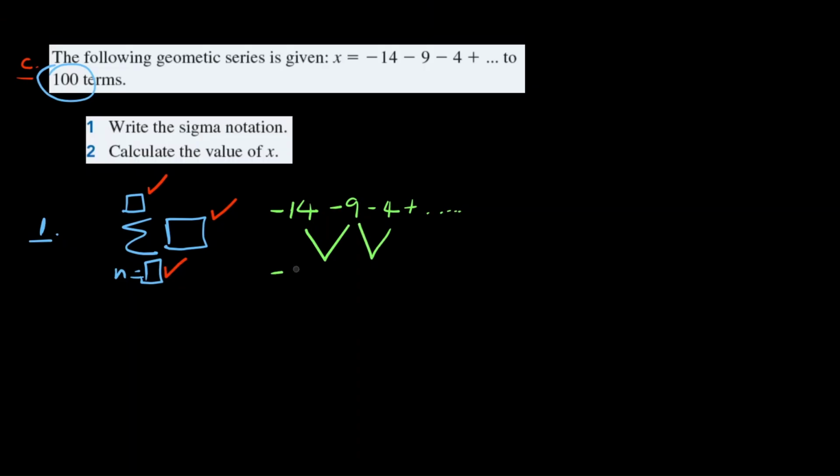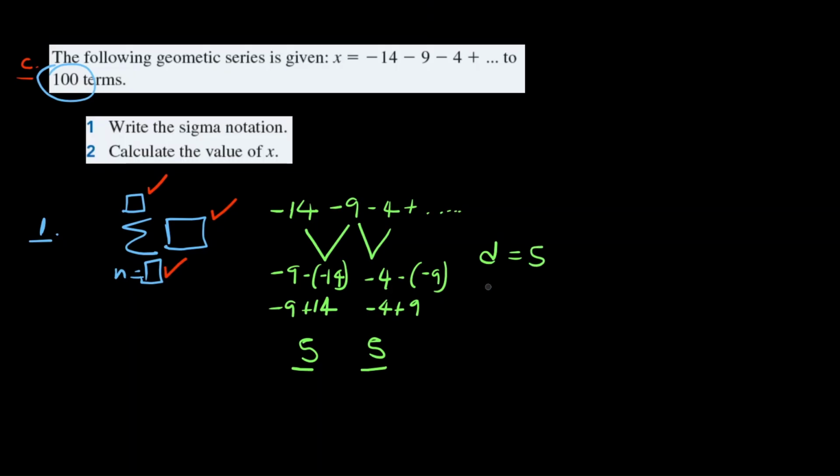We can test that by saying negative 9 minus negative 14, which gives negative 9 plus 14, which is positive 5. And then we continue: negative 4 minus negative 9 gives negative 4 plus 9, which is 5. So we can see that we have a constant difference. Therefore, our d value will be 5 and our a value will be negative 14.